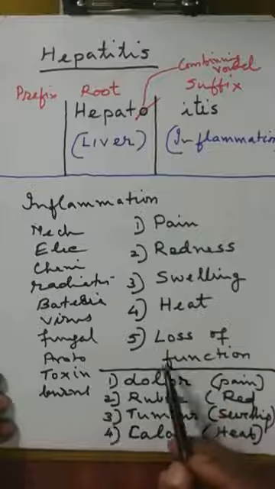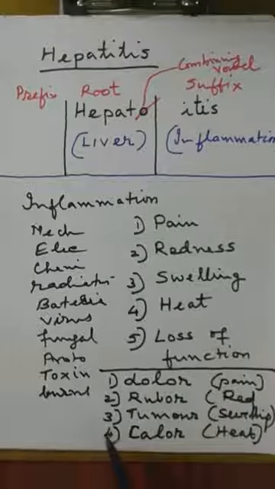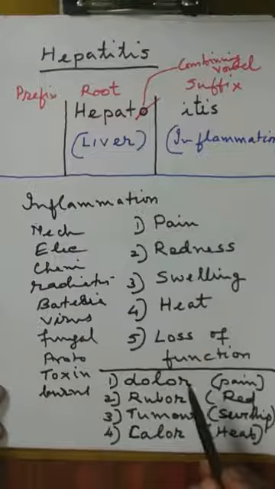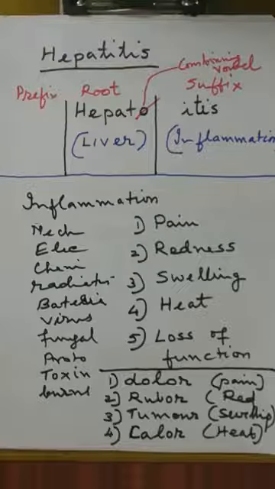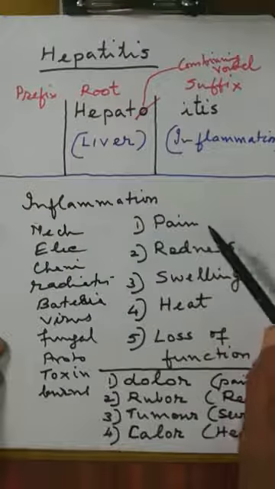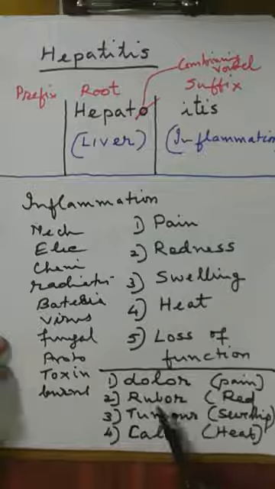And then loss of function. That is functio laesa, loss of function. At least these four words you have to keep in mind because you are studying a medical lesson. So it's better to know. Instead of pain, you have to use dolor.